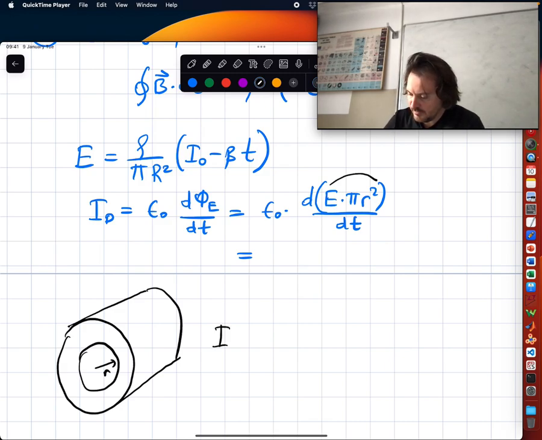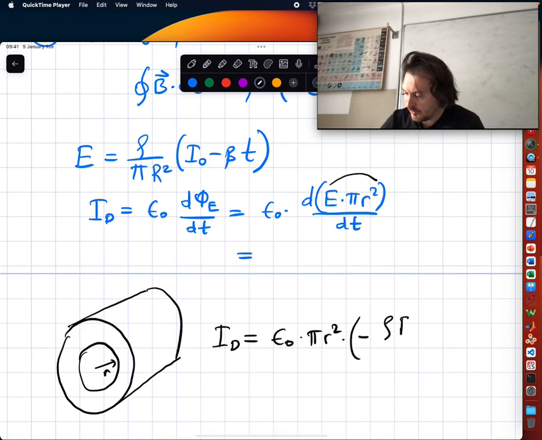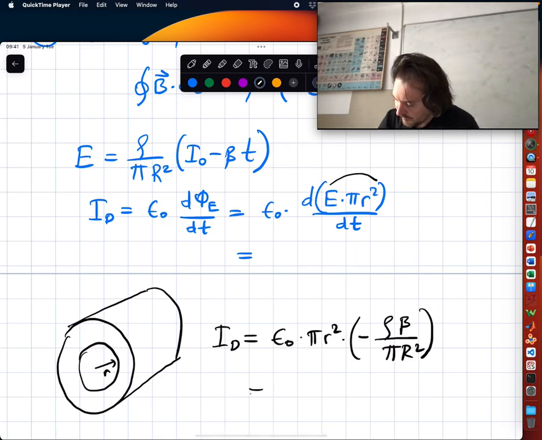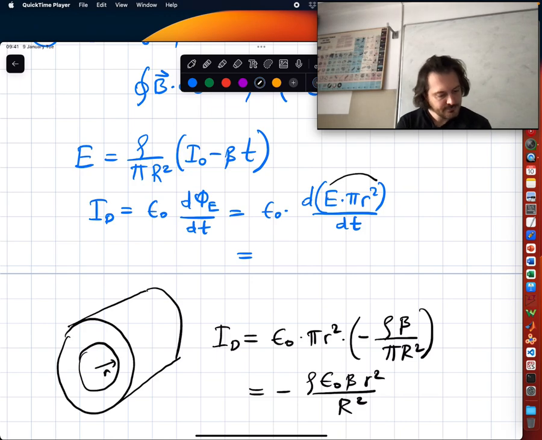So id is epsilon 0 times pi r squared times dE over dt, which is negative of rho beta over pi big R squared. I hope you did follow this. So I get negative rho epsilon 0 beta r squared over R squared. Okay?